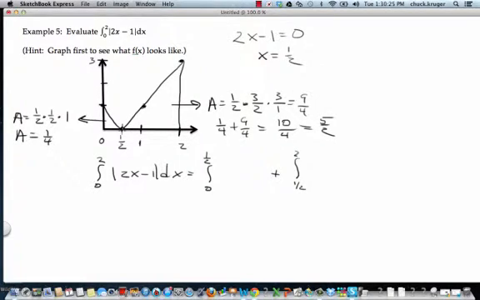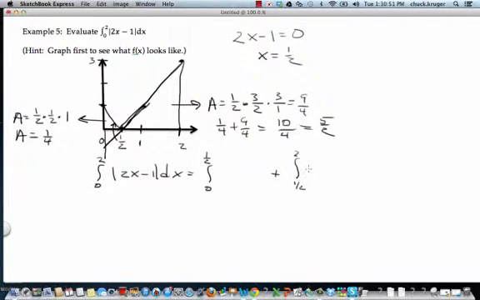Alright, so let's take a look at what I do here. Well, if I didn't have this absolute value symbol, this line would continue in this direction and go below the x-axis and continue on. And what happens because of the absolute value is that those negative y values are reflected over the x-axis and become positive.